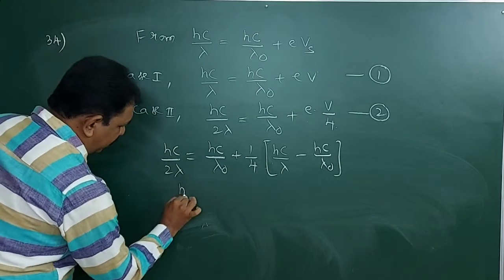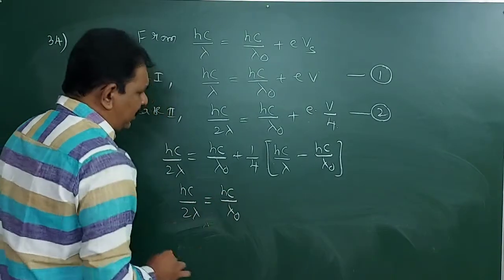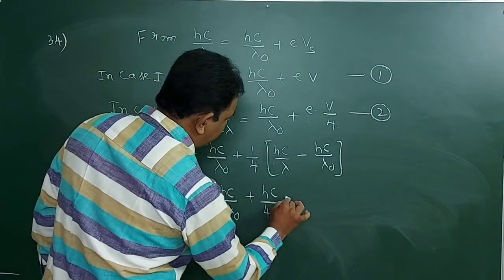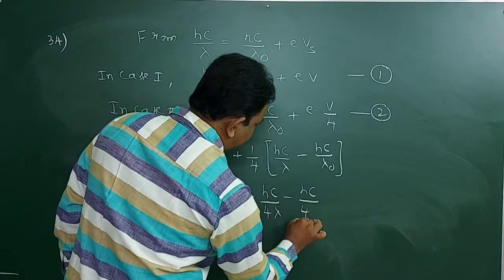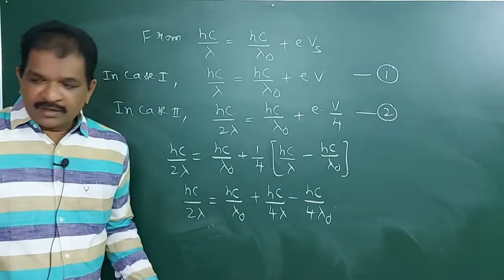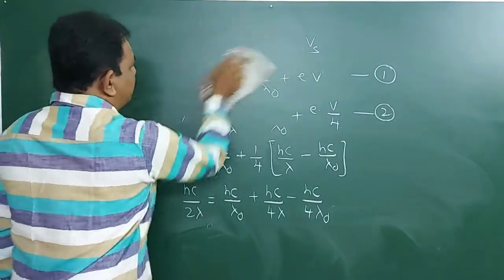So hc by 2 lambda is equal to hc by lambda naught plus hc by 4 lambda minus hc by 4 lambda naught. We have to find lambda naught in terms of lambda. Simple only.